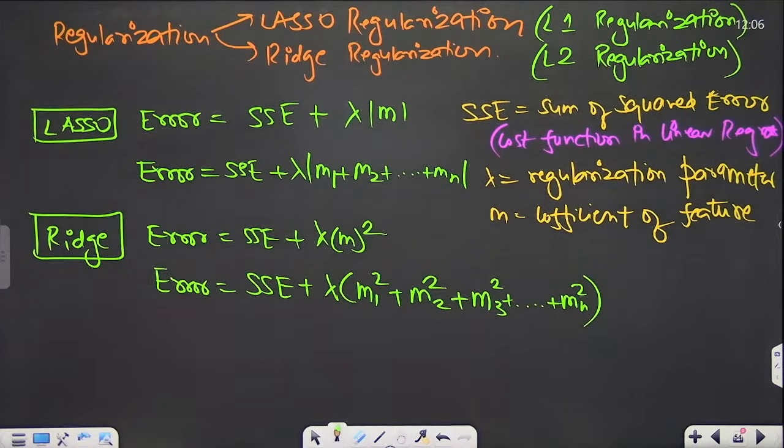Venki, you tell me, what is the m value? The m value is the coefficient value, right? You can use the OLS method to find the coefficient value.